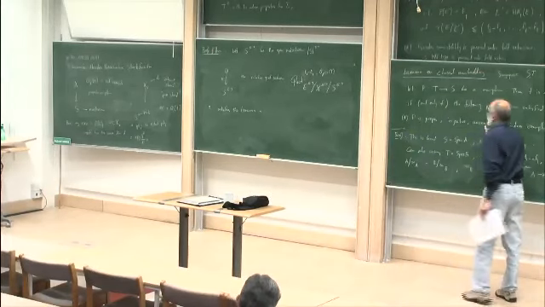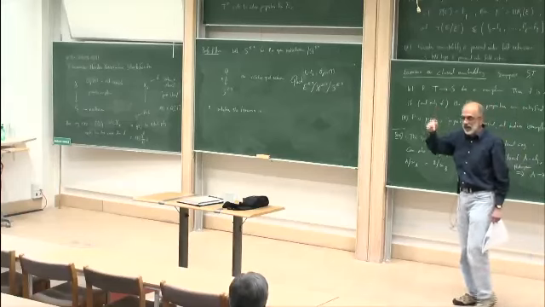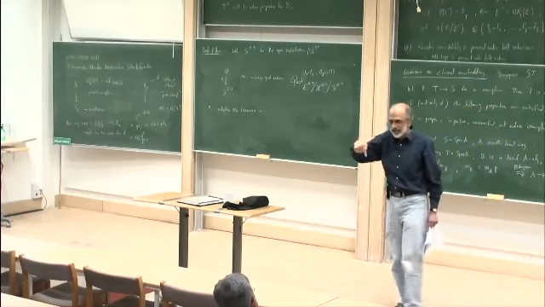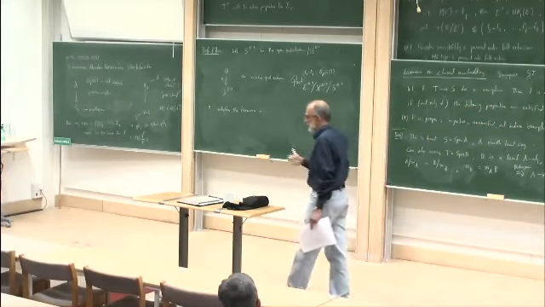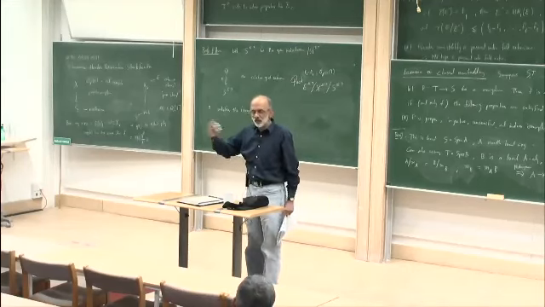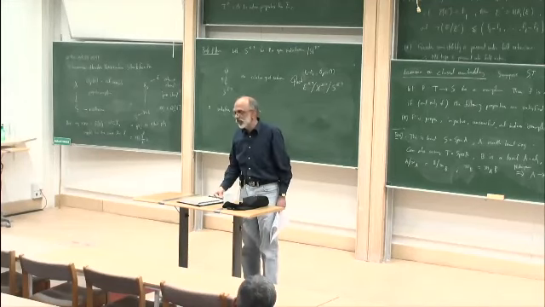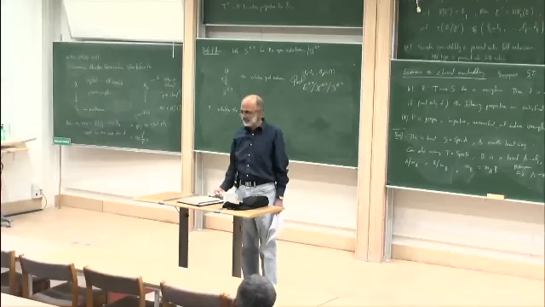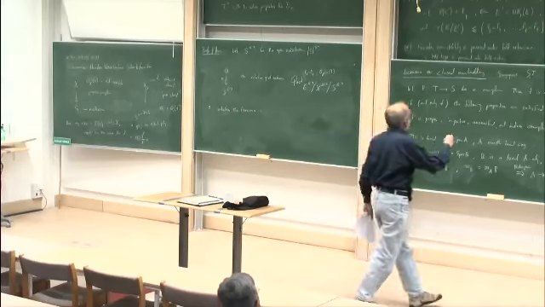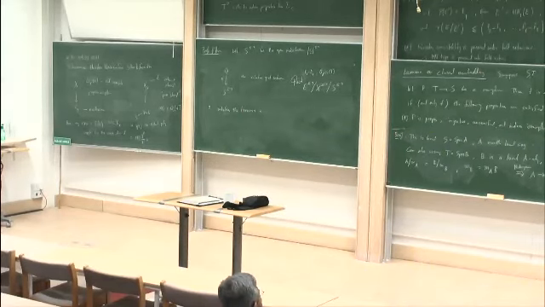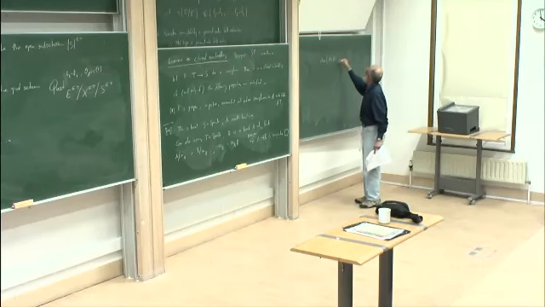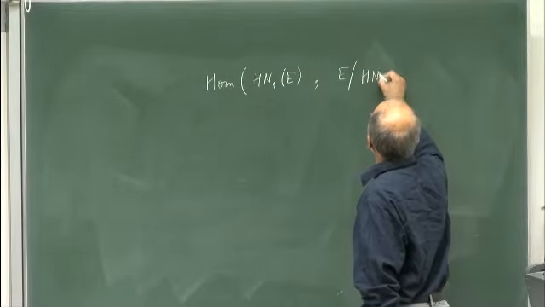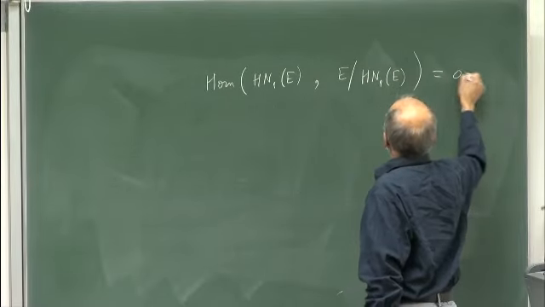And now, once I show the residue fields are the same, unramified boils down to the vertical tangent being 0. The vertical tangent, which means I am going to vary the sub or the quotient, whichever you see, as you know well from various elementary situations, the tangent is the Hom of the sub with the quotient. And one of the properties of the Harder-Narasimhan filtration is Hom(HN1 E, E mod HN1 E) is equal to 0.